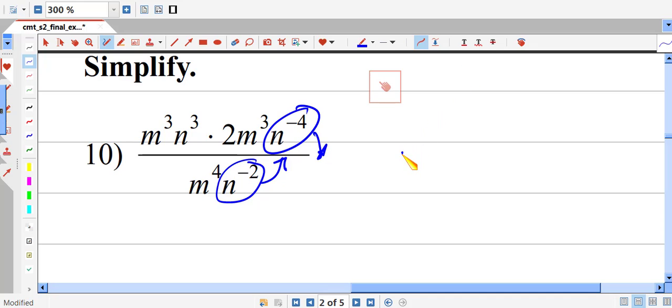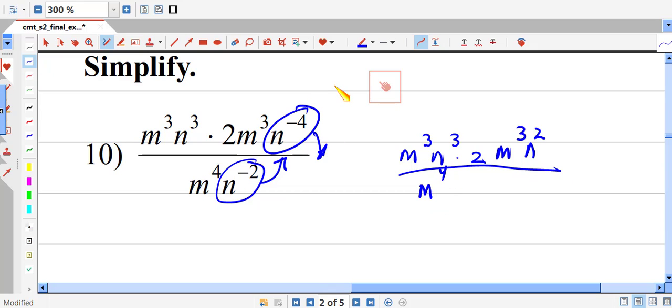So after I do that, I'm going to have m cubed n cubed times 2 m cubed, and the n to the negative 2 comes up into the numerator, and the n to the negative 4 goes down into the denominator. So that's what I get after that step.